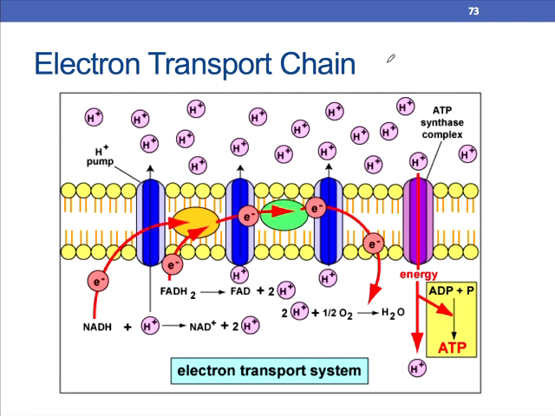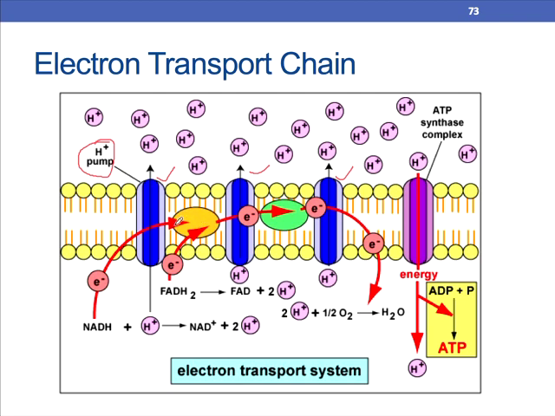The electron transport chain is a system made up of a series of carrier molecules, and some of these carrier molecules are hydrogen pumps, which are depicted in blue over here.